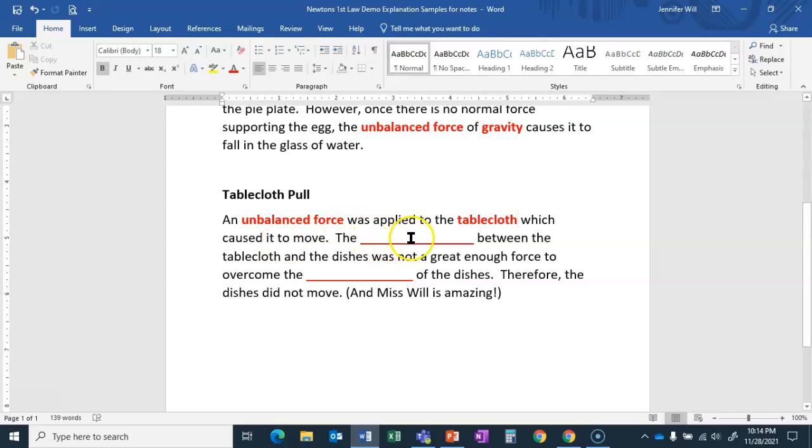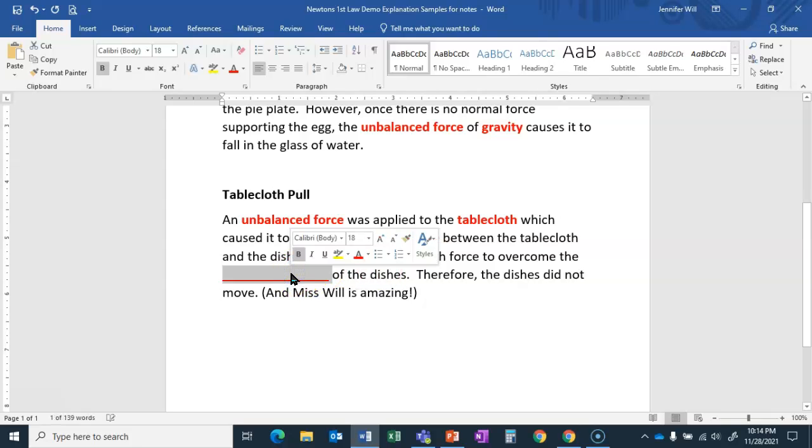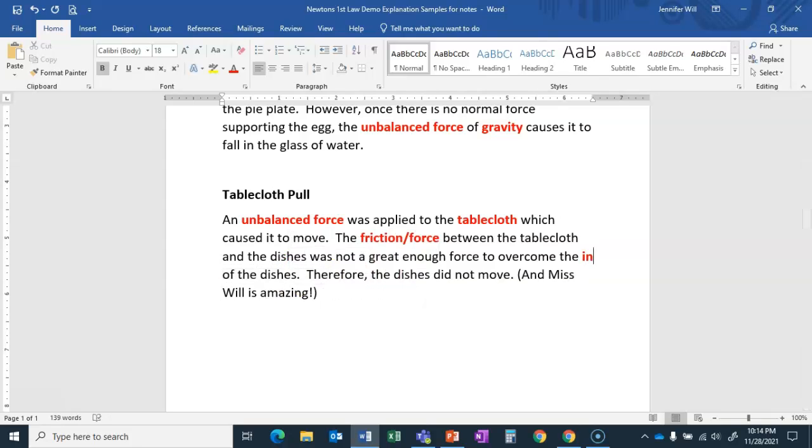The friction between the tablecloth and the dishes, or instead of friction, that could be force also, between the tablecloth and the dishes was not a great enough force to overcome, yes, this is that wonderful word, inertia. I can't spell. To overcome the inertia of the dishes. Therefore, the dishes did not move.